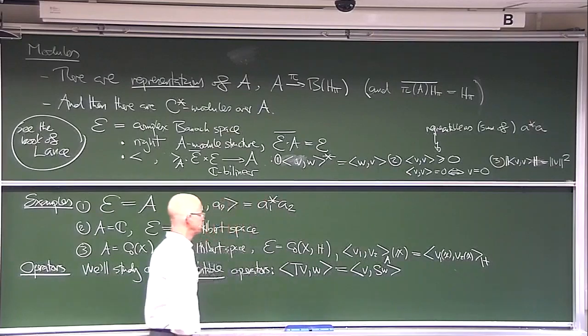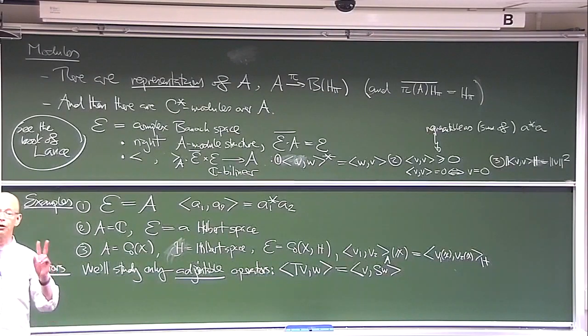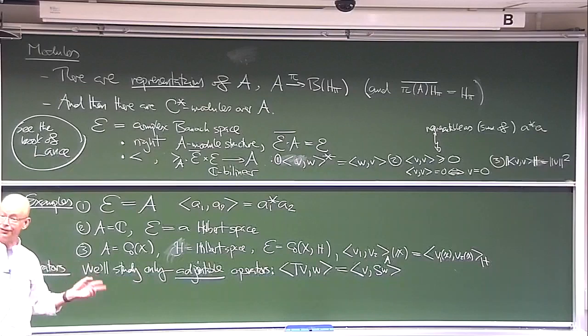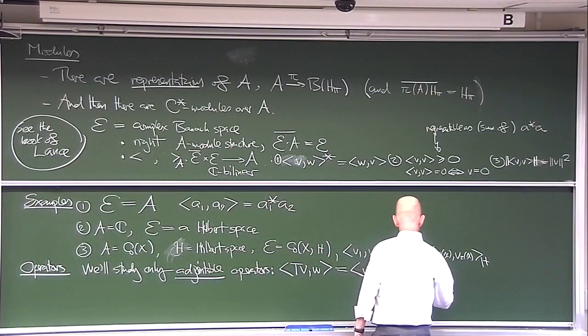That is to say, T will be a legitimate operator from our point of view if and only if there exists another operator, S, so that this adjoint equation holds. So in other words, operators will always come in pairs, a T and an S, and of course we write S as the adjoint of T.